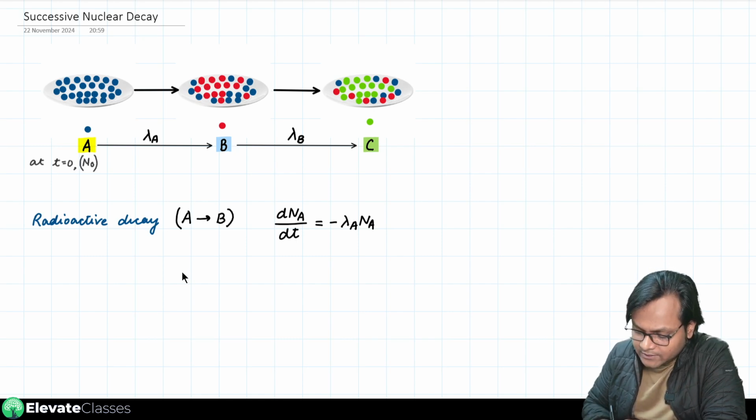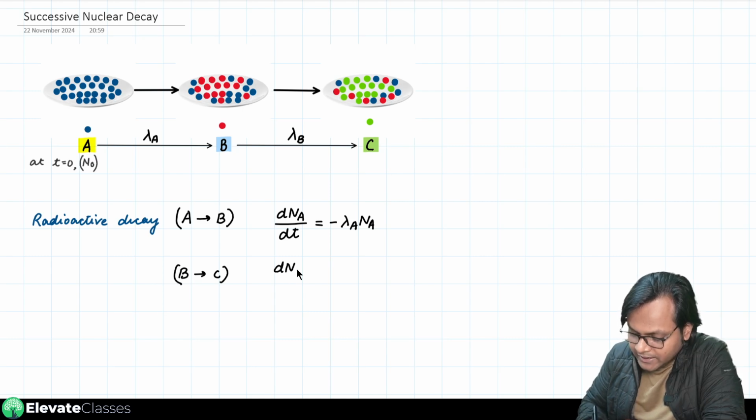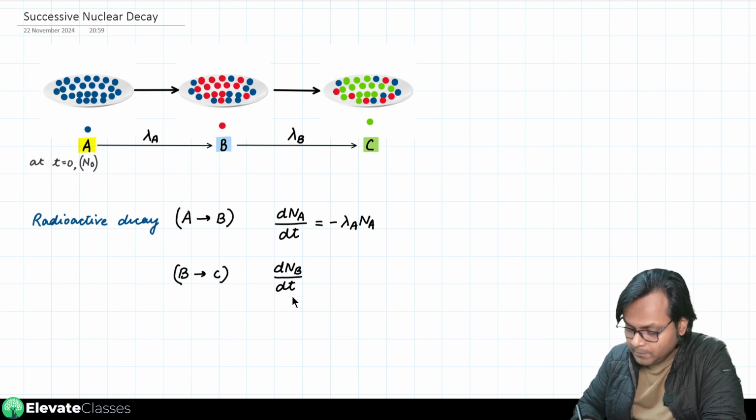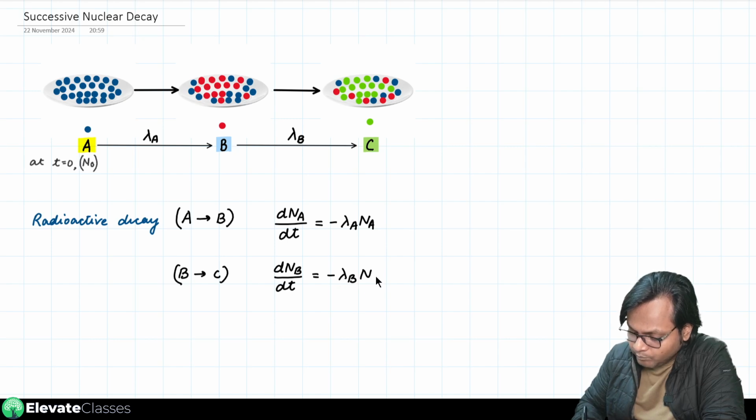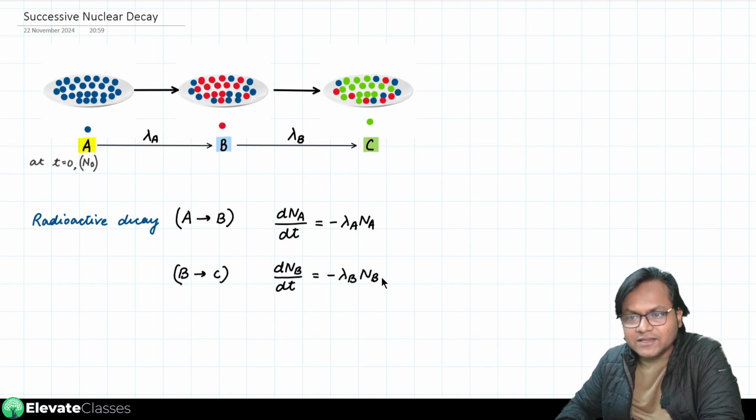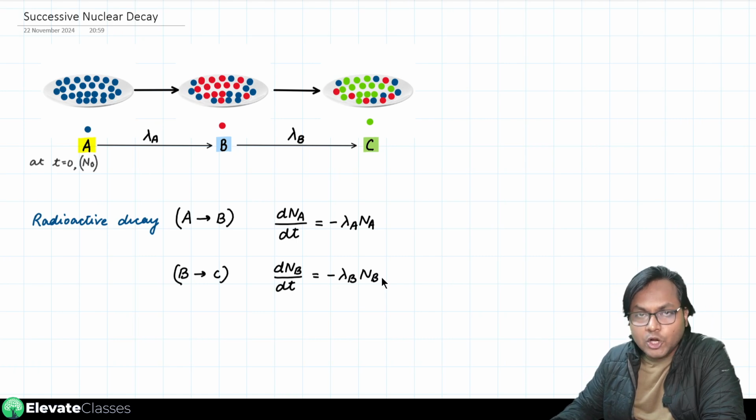Now, for the decay from B to C, the rate at which the radioactive nuclei B decays into C is equal to minus lambda B N_B. So it is clear that the rate at which a certain radioactive nuclei decays is directly proportional to the amount of radioactive nuclei present at a given point in time.